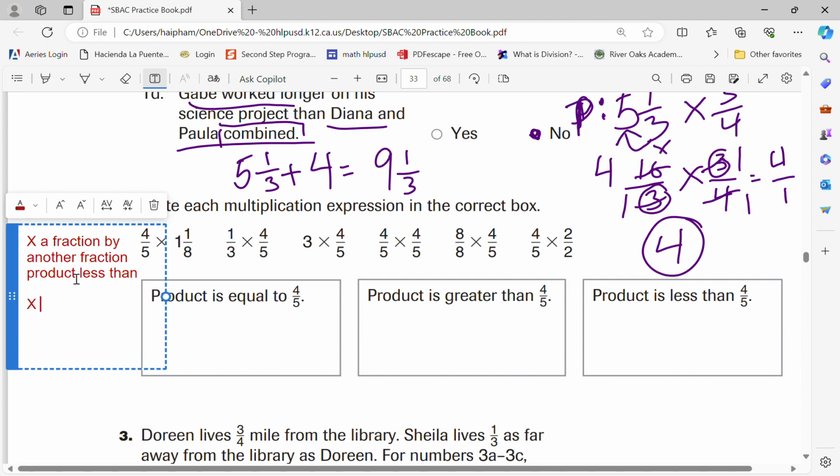When you multiply a fraction by 1, the product stays the same.